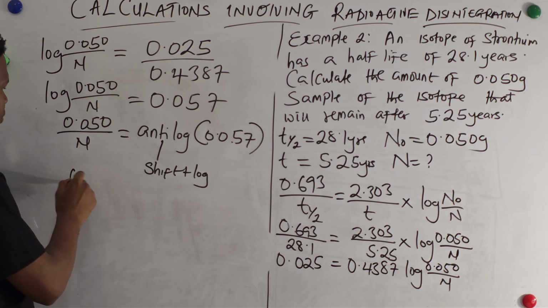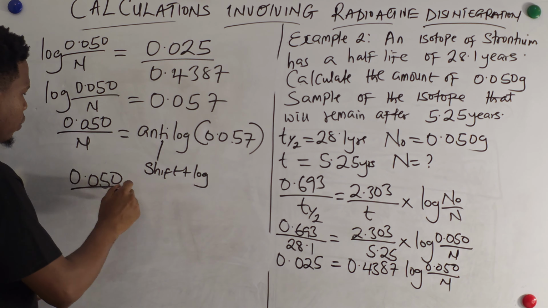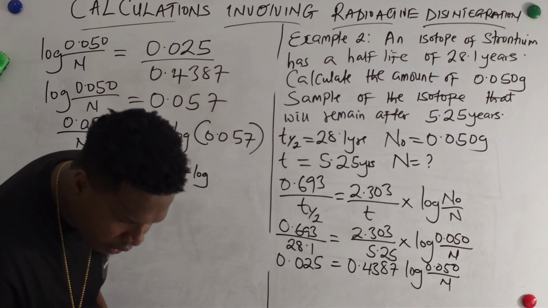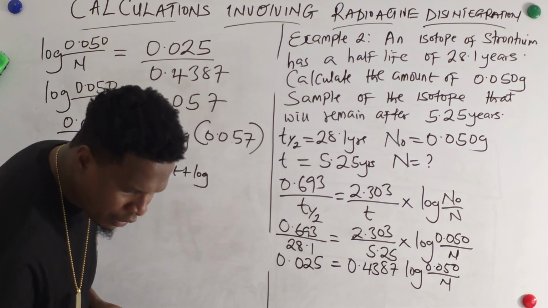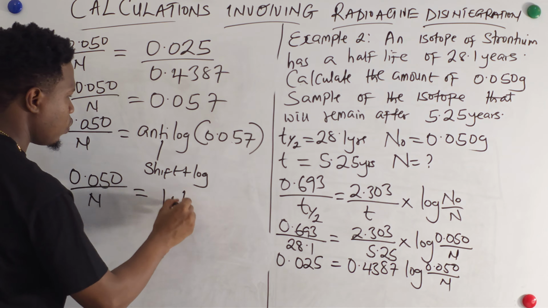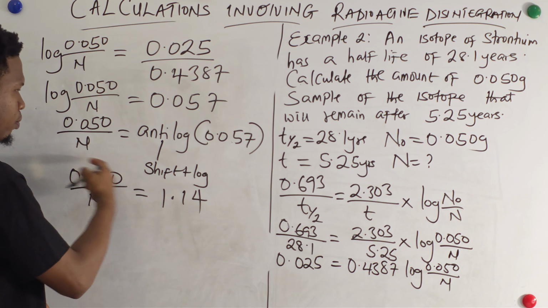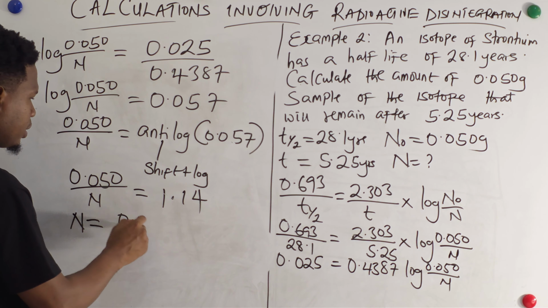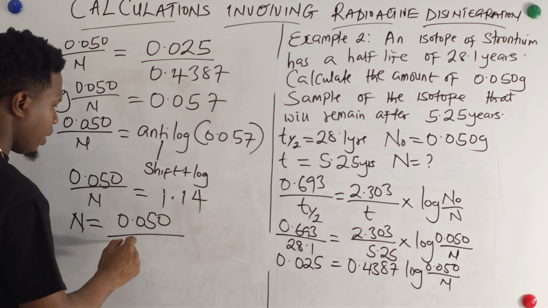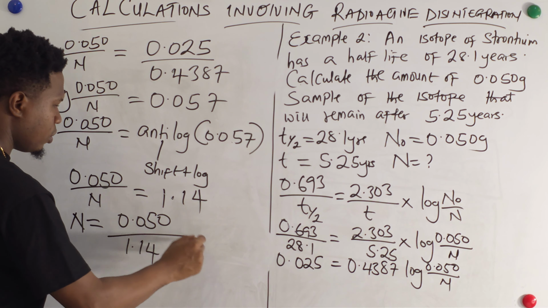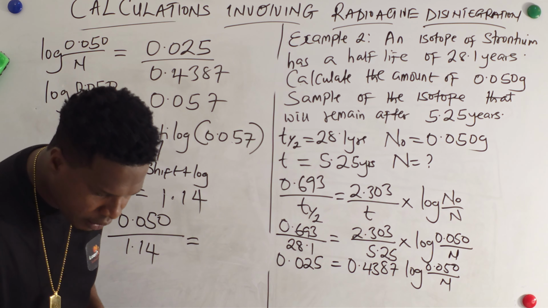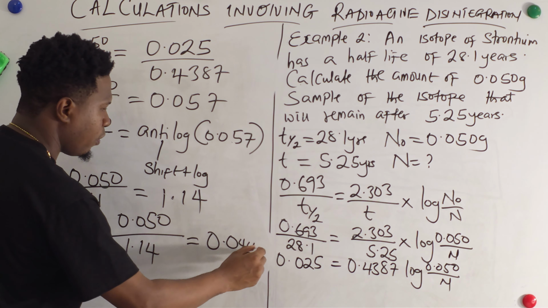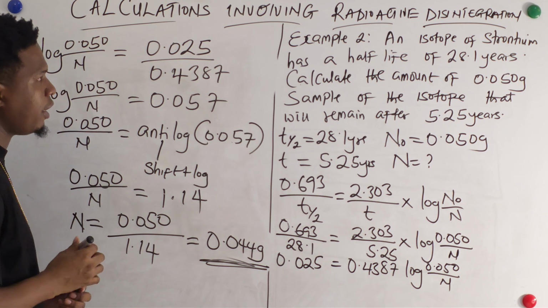You will get 1.14. Then you cross multiply and make N the subject. So N will be equal to 0.050 all over 1.14, which is 0.044 gram. So this is the value of N.